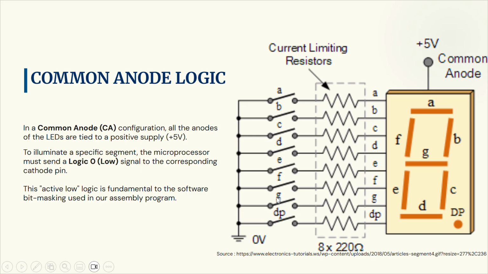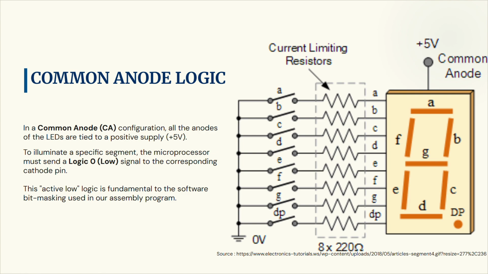So this will complete the circuit and electricity will be able to flow from this plus 5 volt source to the segments, to these resistors, and down to the ground, making that particular segment light up.